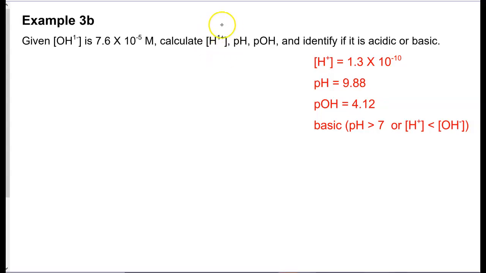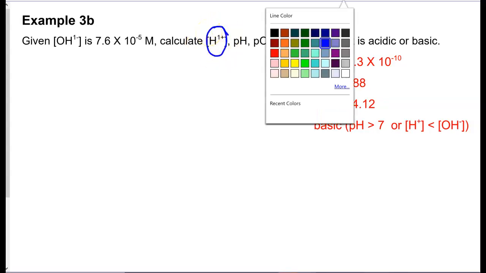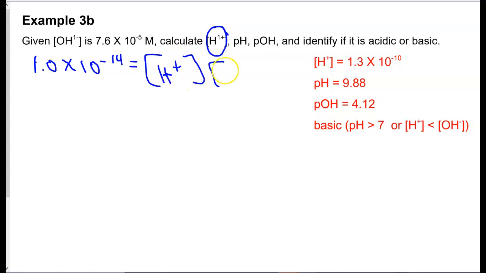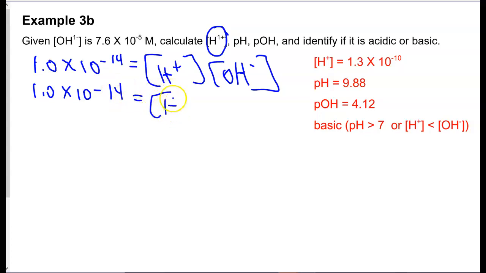So I'm going to start by solving for this piece here. We know 1.0 times 10 to the negative 14th equals H plus concentration times OH minus concentration. And we know then 1.0 times 10 to the negative 14th equals H plus, which we don't know, because if you notice in this problem, we're given OH minus, 7.6 times 10 to the negative 5th.